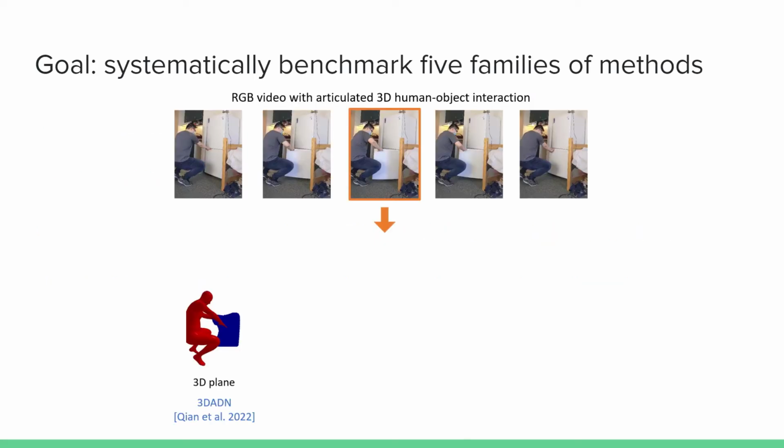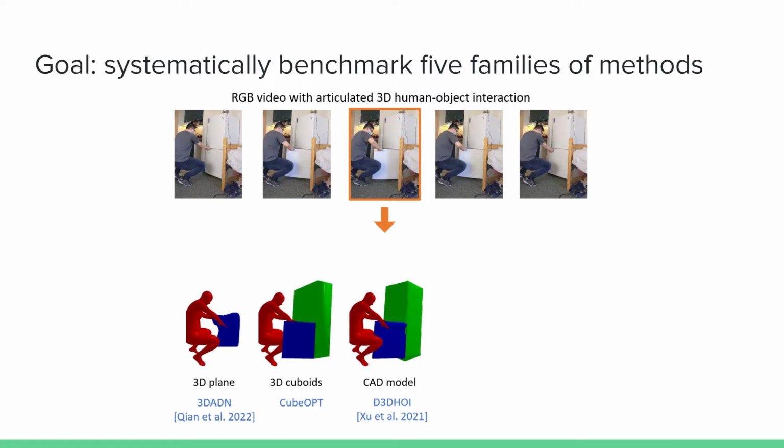We systematically benchmark five families of methods including 3D plane estimation or 3D ADN, where the moving parts of the objects are estimated using a 3D plane, 3D cuboid abstraction or CubeOPT, where the articulated object is approximated using oriented cuboids, CAD model fitting or D3D-HOI, where a CAD model is retrieved and positioned to represent the object, implicit fields for articulated objects or Ditto, where an implicit neural representation based model jointly predicts part level geometry and articulation between parts.